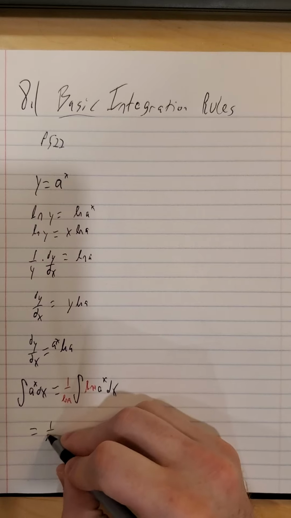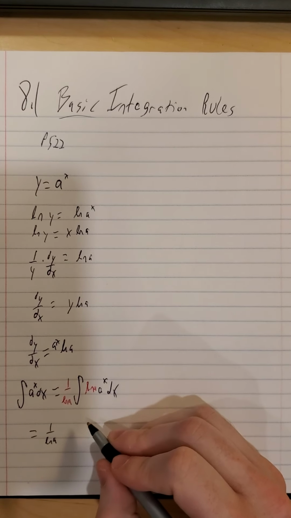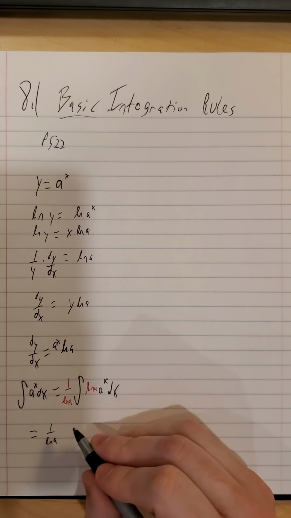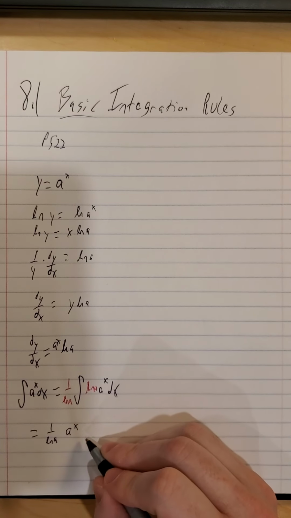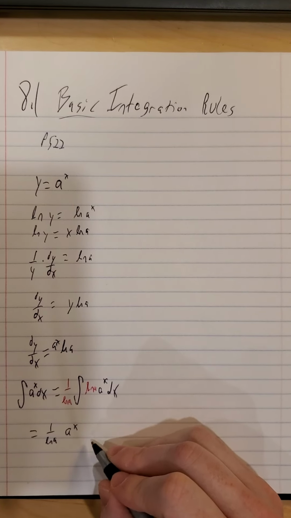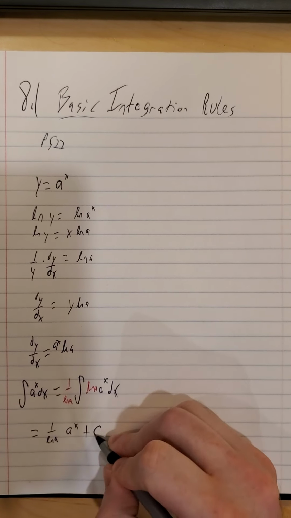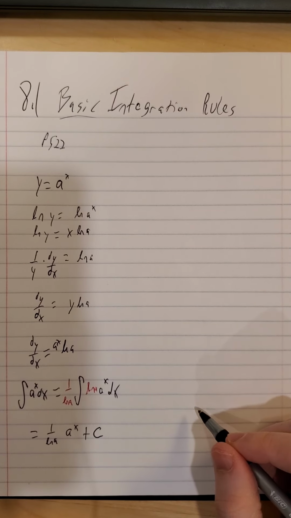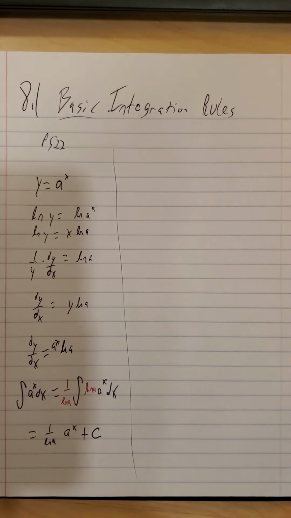So that's 1 over natural log of a, excuse me, times a to the x. And since we're looking at an indefinite integral, we'll go ahead and toss a plus c in there. So we'll just derive a couple of these.